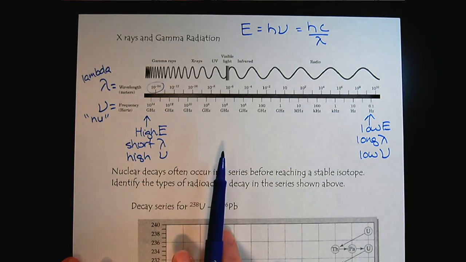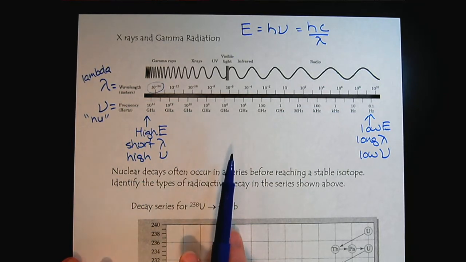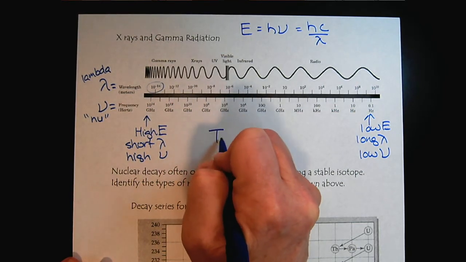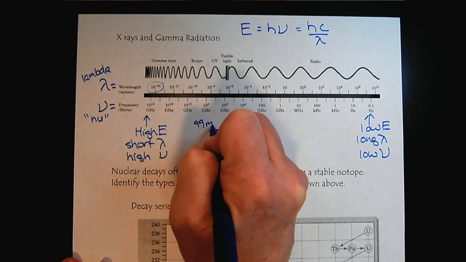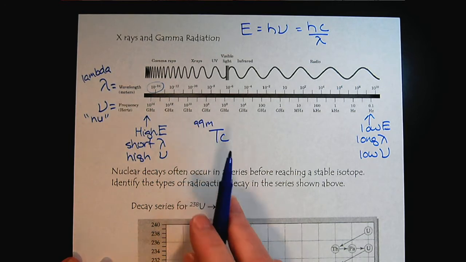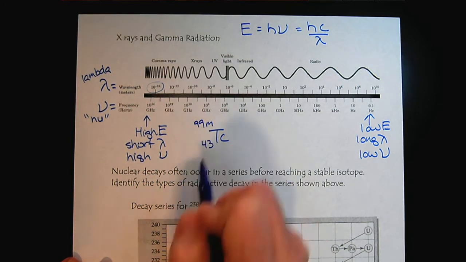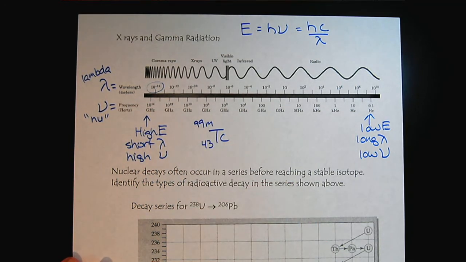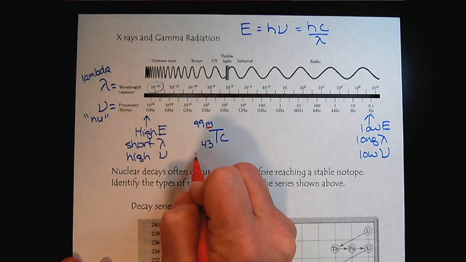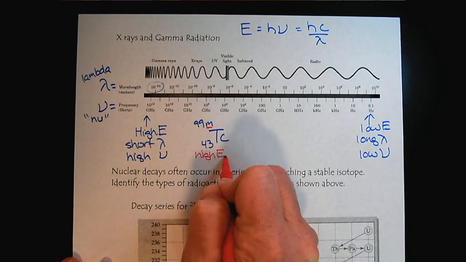And so a common example of a pure gamma emitter would be technetium-99m, a very commonly used radioisotope for nuclear medicine. So remember that the m part tells us that it's high energy.